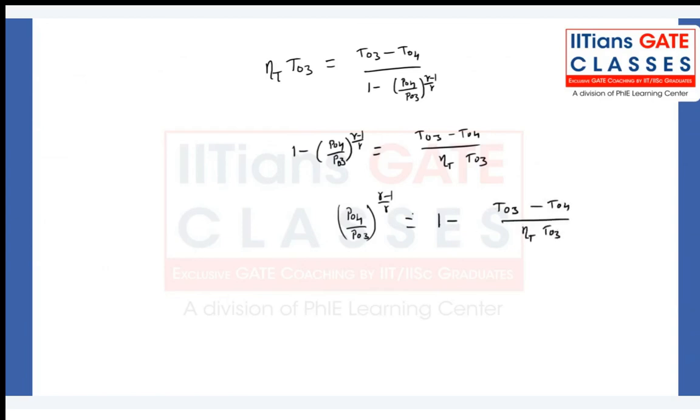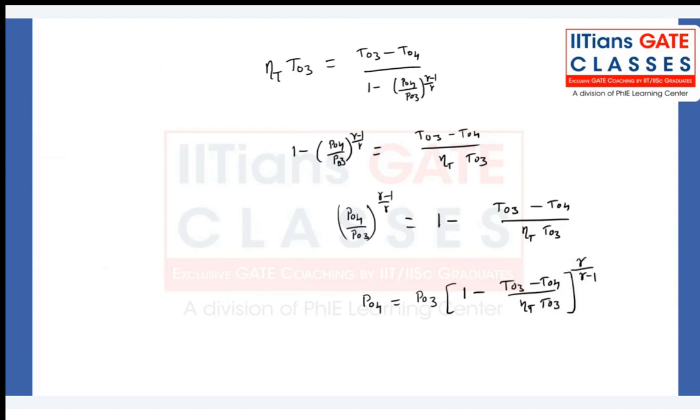Now raise the other side to that exponent: P04 equals P03 times [1 minus (T03 minus T04) divided by (eta T times T03)] to the power of gamma by (gamma minus 1).